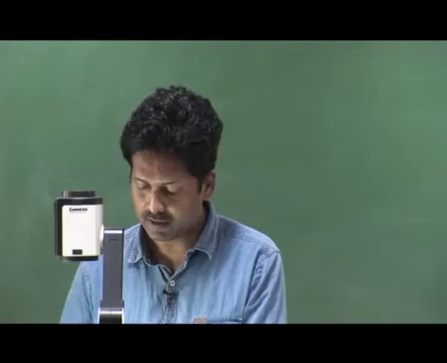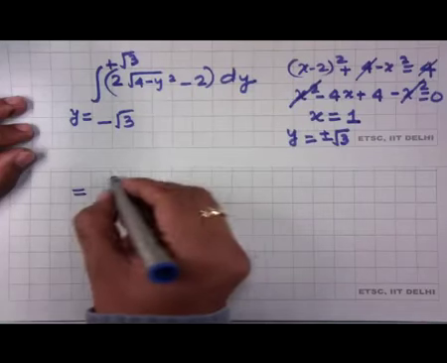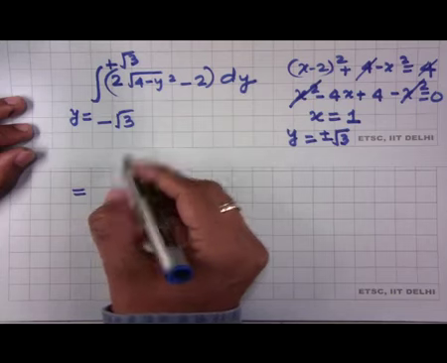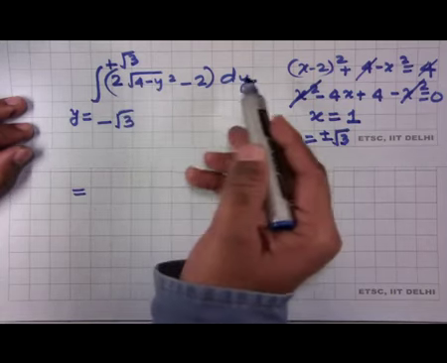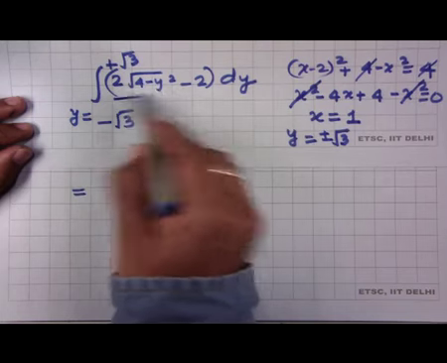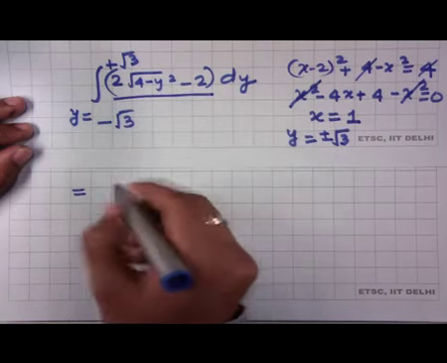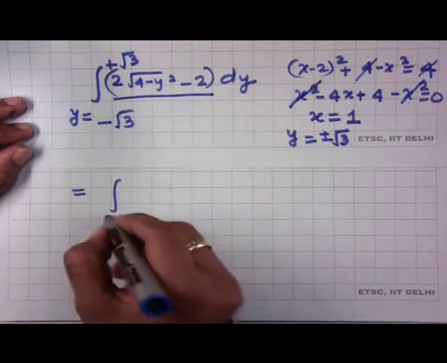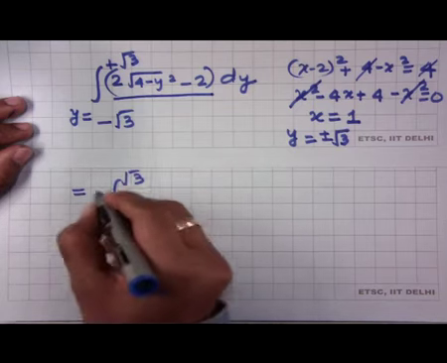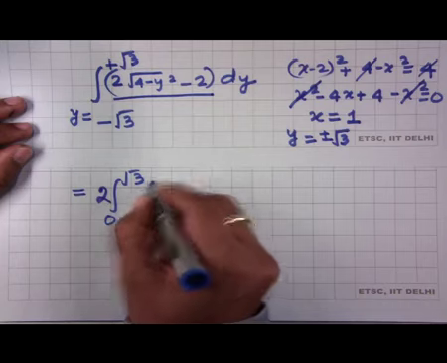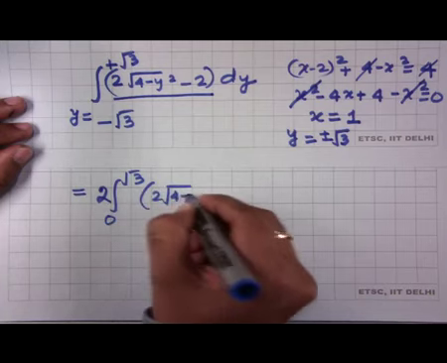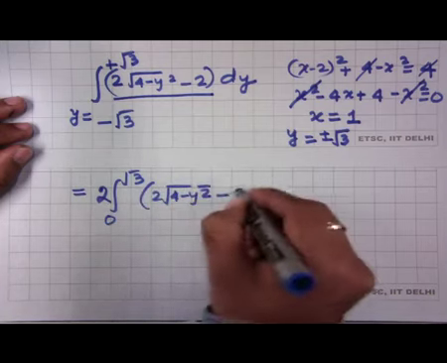Well, let us solve this integral. You can see that this integral is from minus a to a f(x) dx type, where this integrand is an even function of y. Therefore, you can write this as twice of the integral from 0 to root 3 of under root 4 minus y square minus 2 dy.